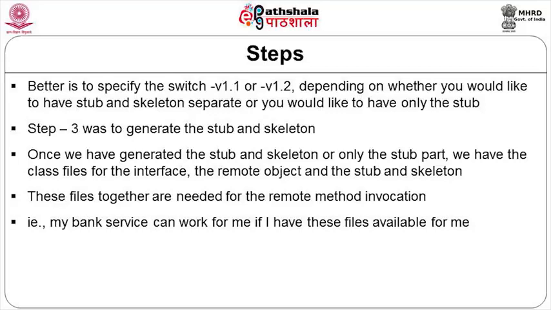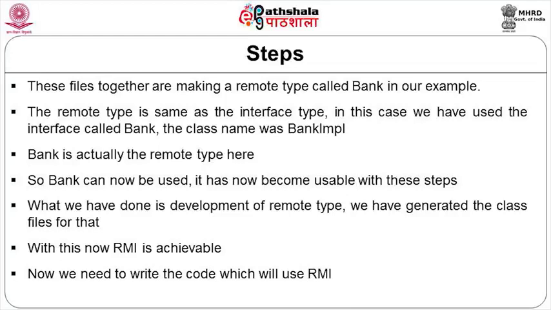That means my bank service can work for me if I have these files available. It's not a single class file here. Together these make a remote type called bank.